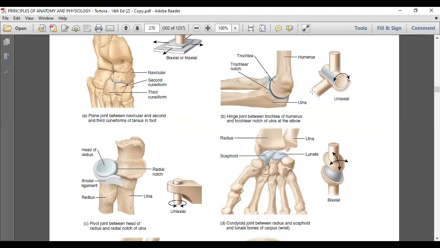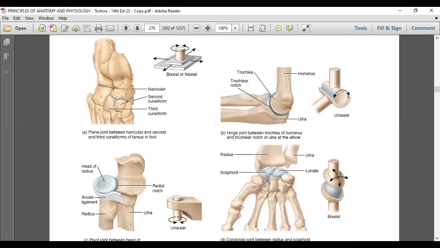This is the hinge attachment between the humerus and radius-ulna. The radius and ulna have a small pivot joint with a little movement, as I showed, and between the humerus and radius-ulna there is a hinge joint. By reading again and again, all these things will be clarified. Gliding joint: you can see here one bone glides over another.